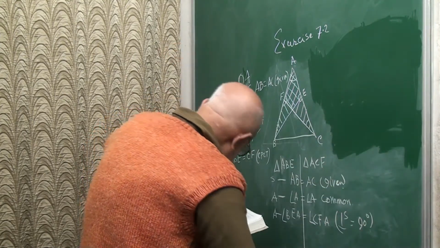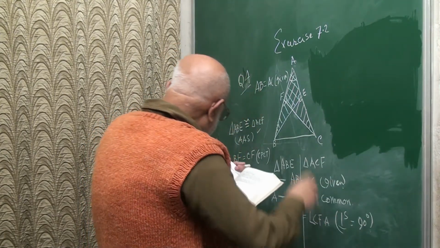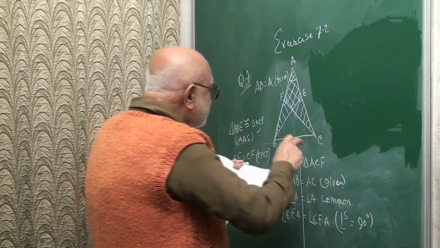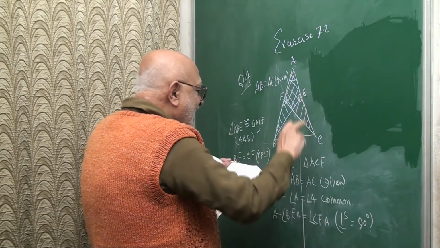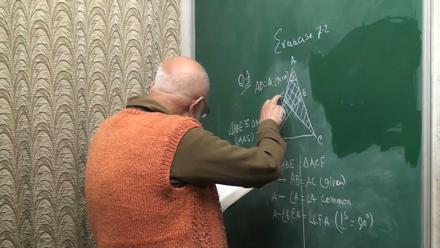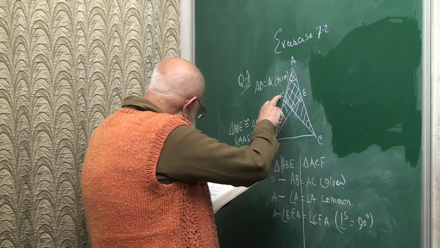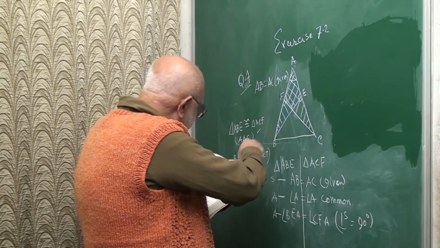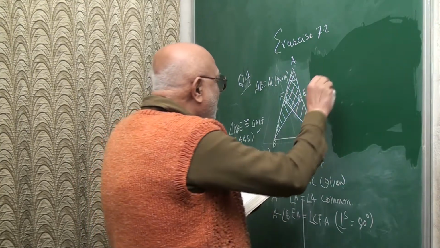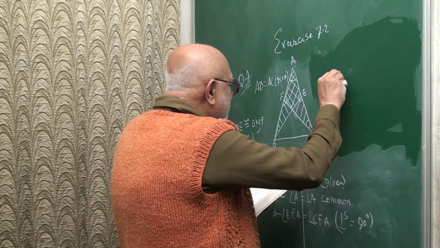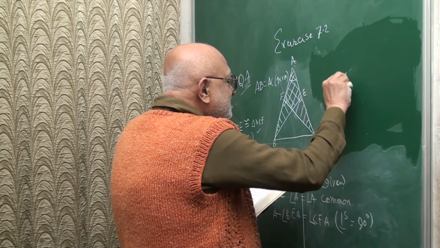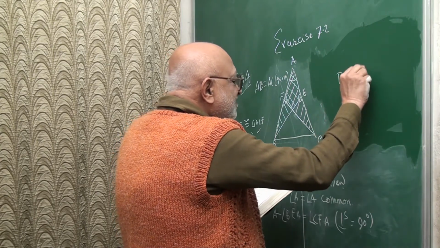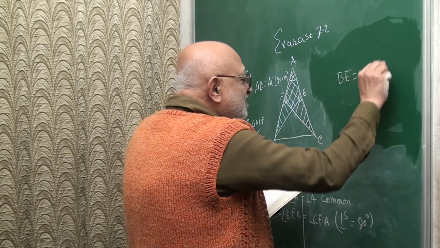It says that in a triangle ABC in which altitudes BE and CF are drawn, are equal. So it is saying now BE is equal to CF. This is now given.